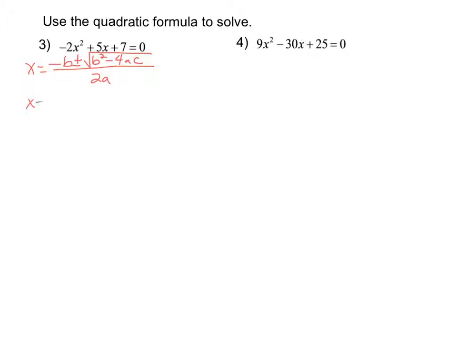So x is equal to negative b, so negative 5, plus or minus the square root of b squared, which is 25, so 5 times 5 is 25, minus 4ac, so negative 4 times negative 2 times 7, all over 2 times that negative 2.